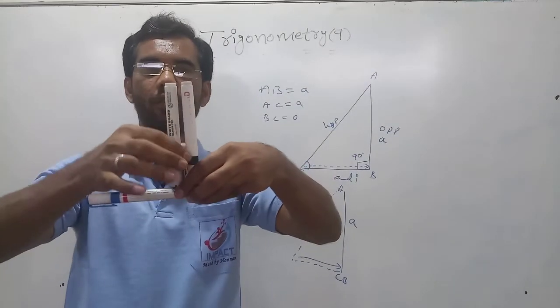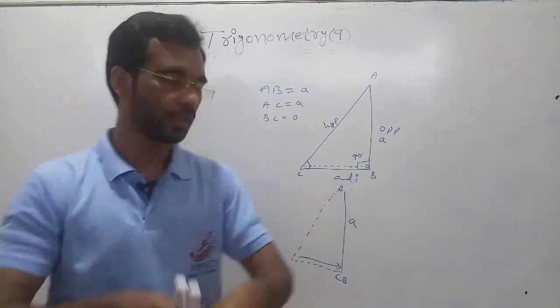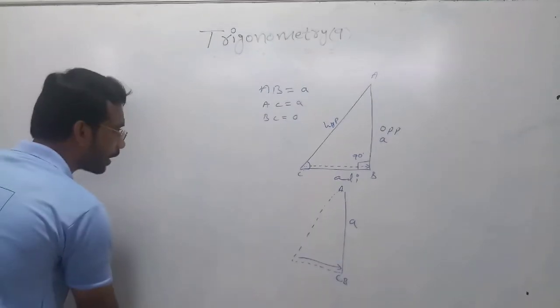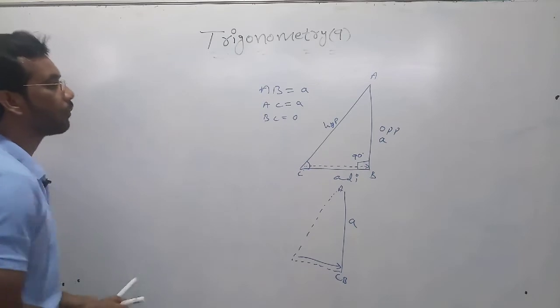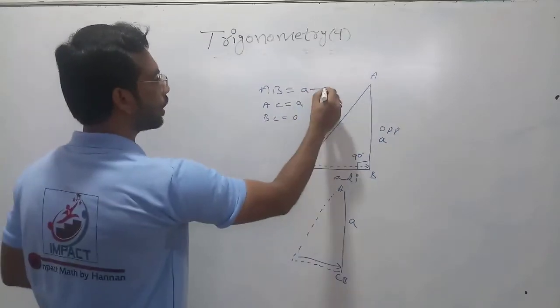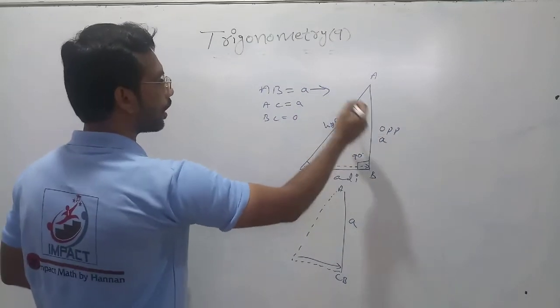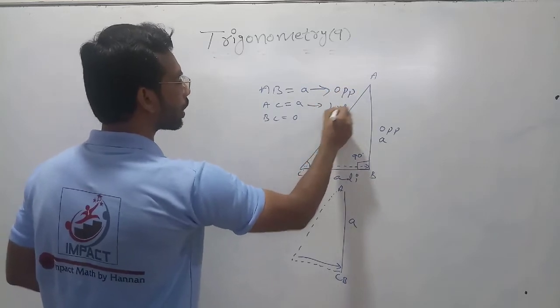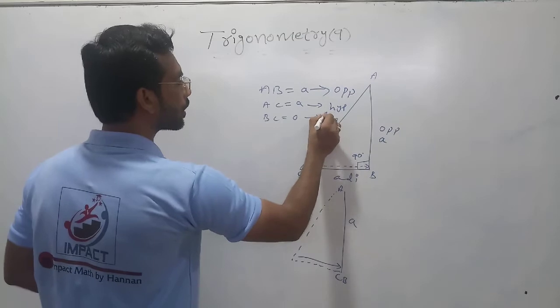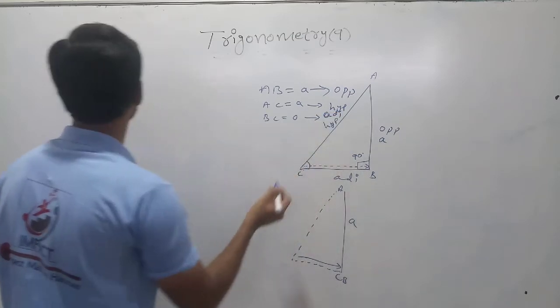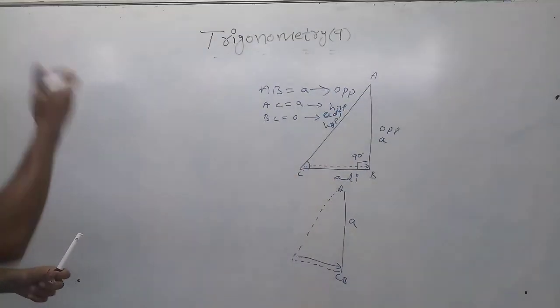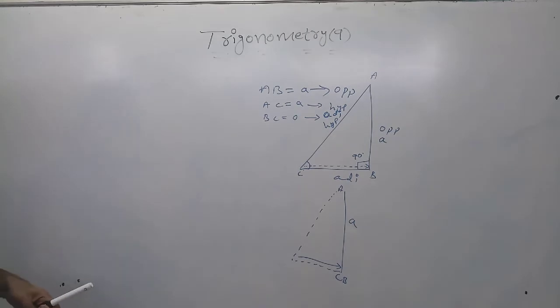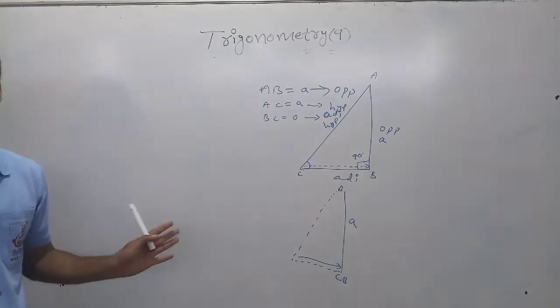They will overlap on each other and form the 90 degrees. Like that. Now what is the hypotenuse here? This is the opposite side, AC is the hypotenuse, BC is the adjacent side. The hypotenuse is already A, no need to find it.